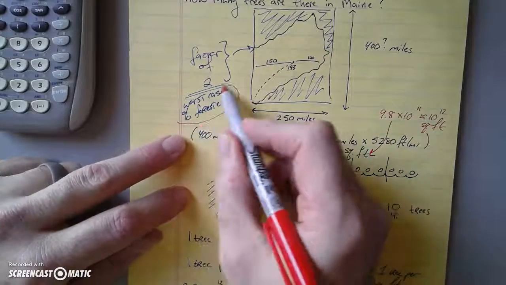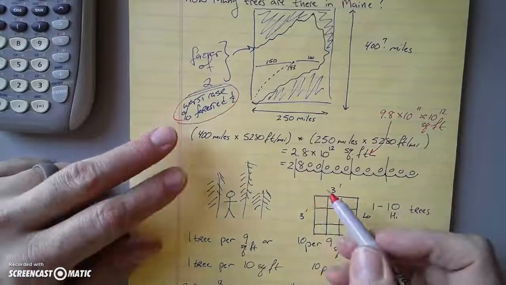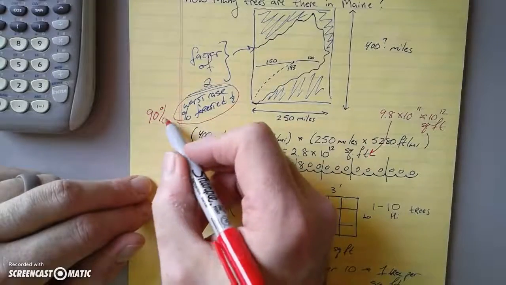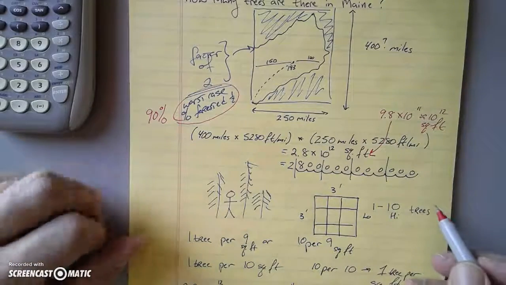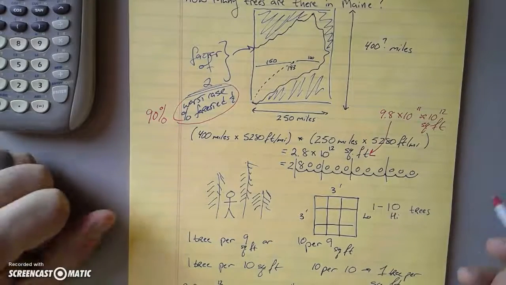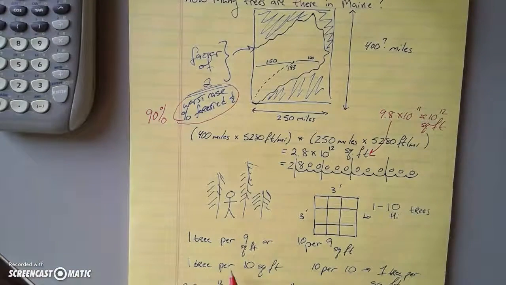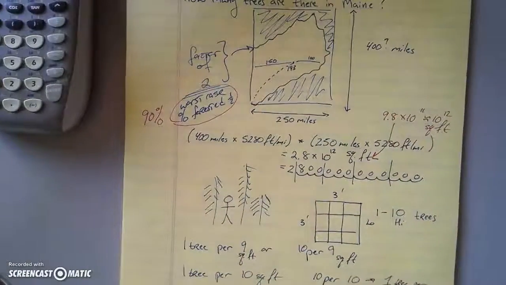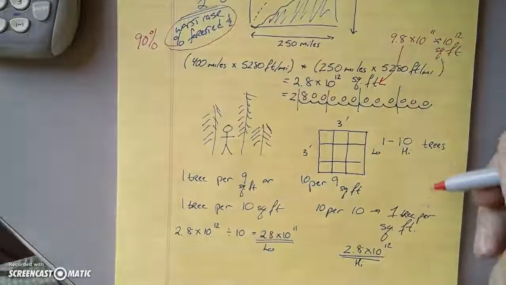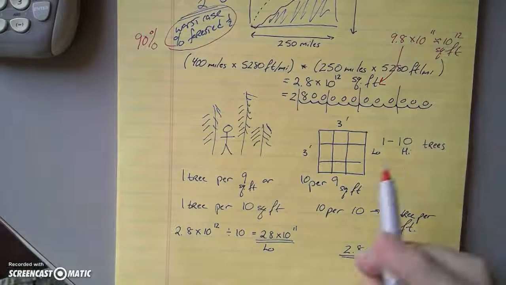What about how much of it is forested? Well, if you do some research, 90% is forested. Not shocking, right? And then what you're left with is you're still uncertain about how many trees there are per square foot. That's up for grabs. I got bored of doing the research at some point.